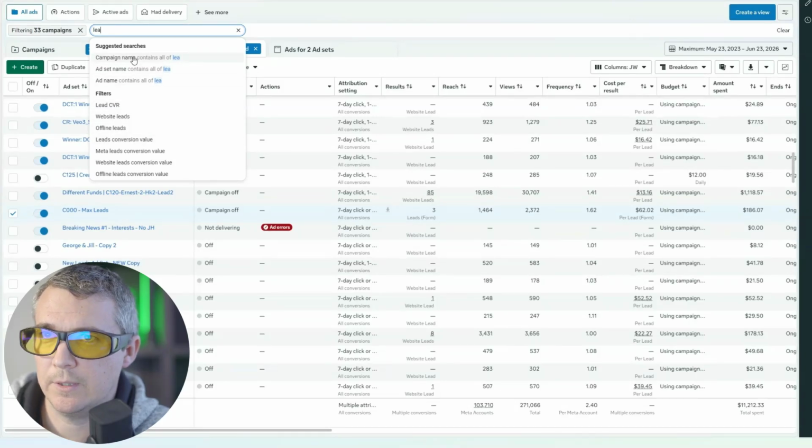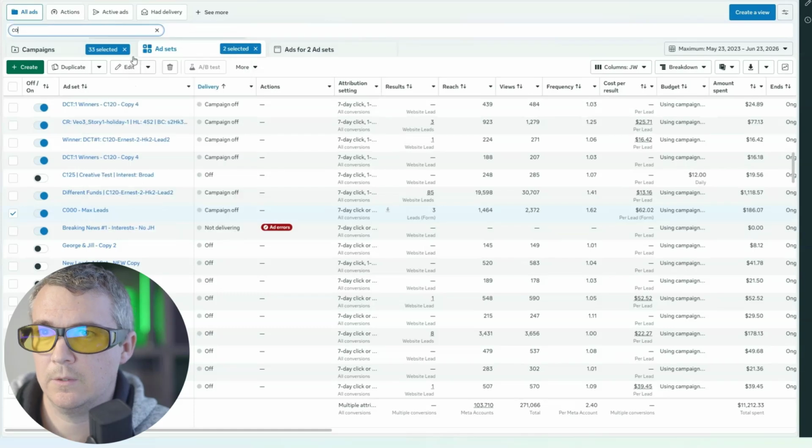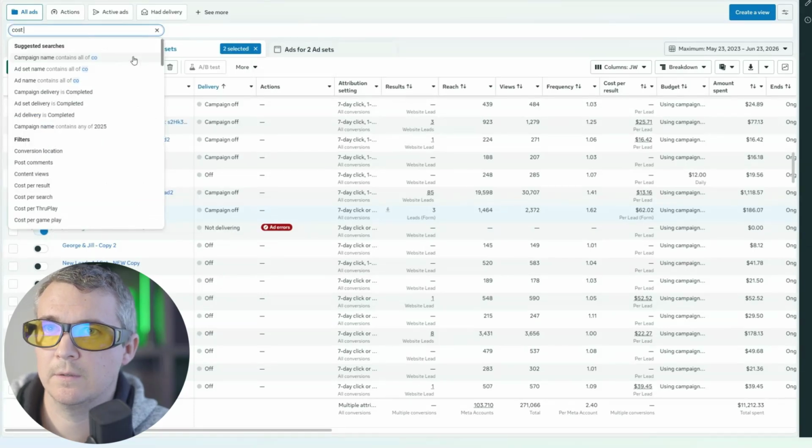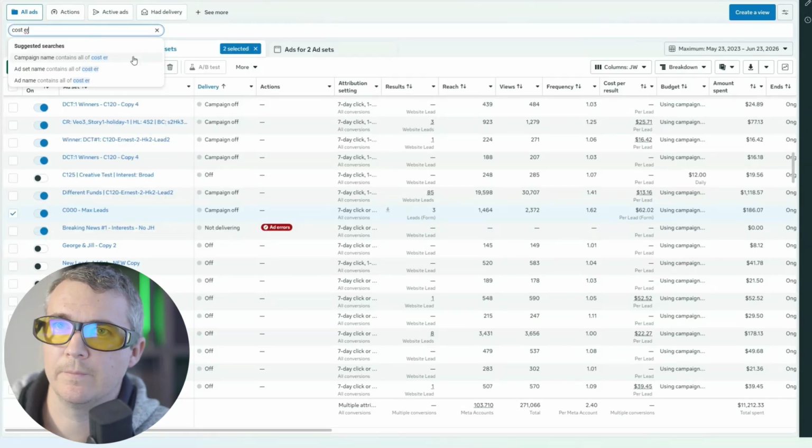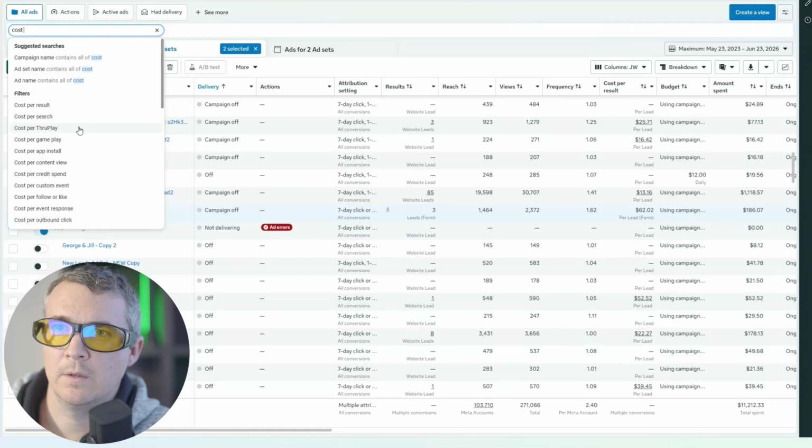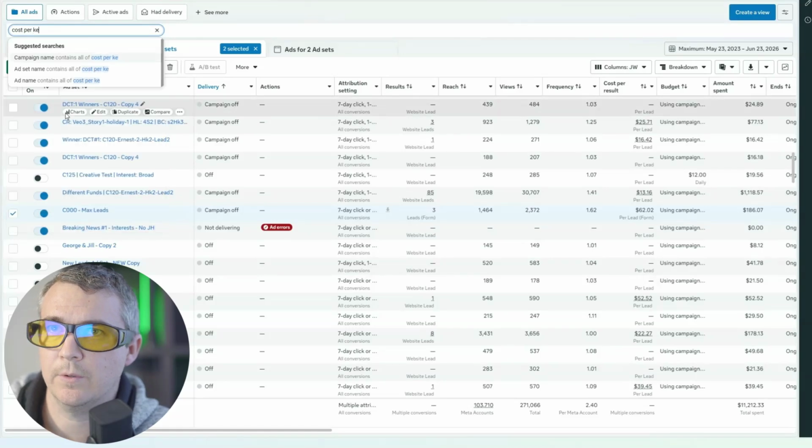And cost per lead. Cost per lead should be one. There we go. Cost per result, per lead.